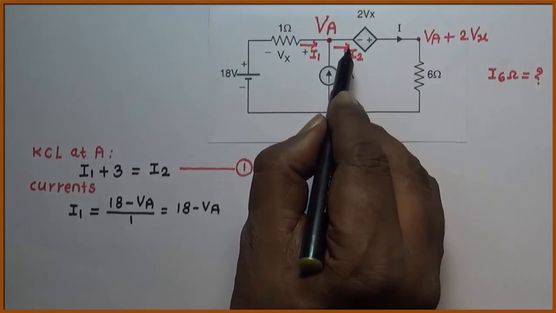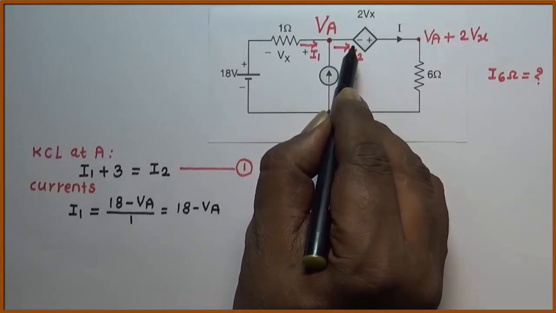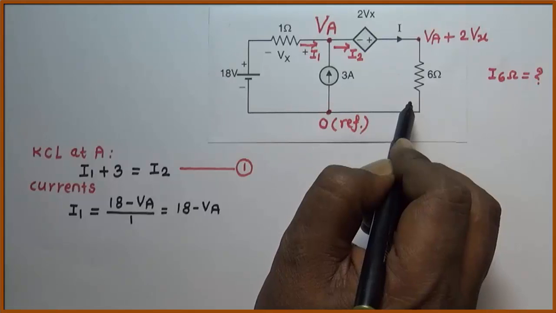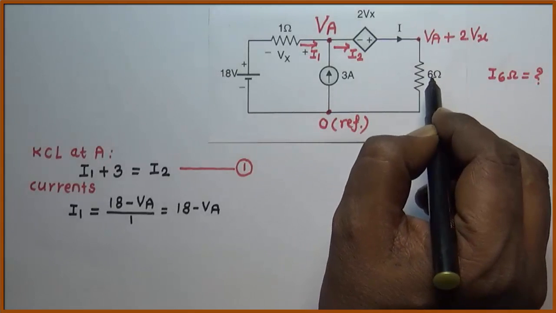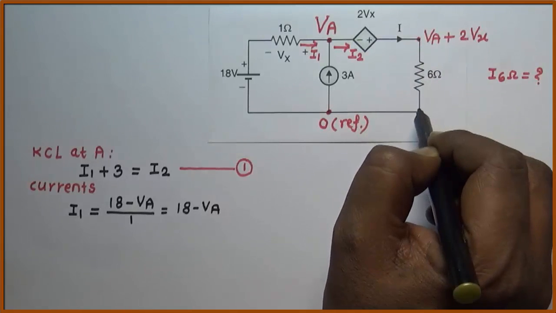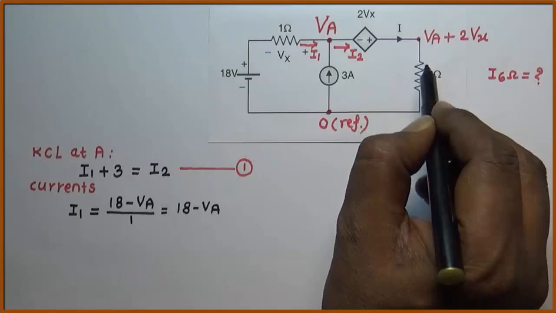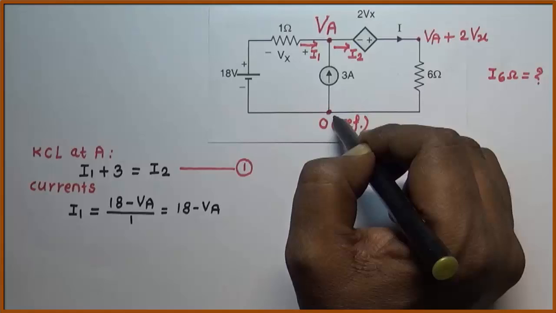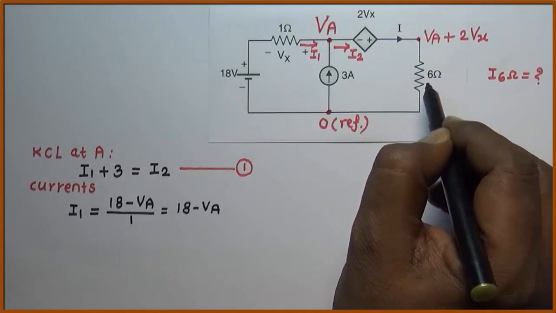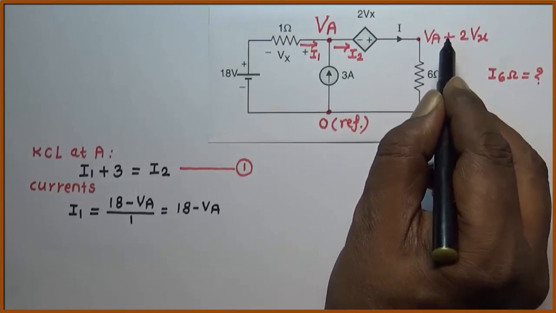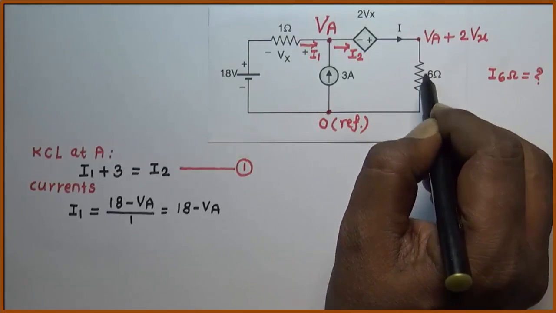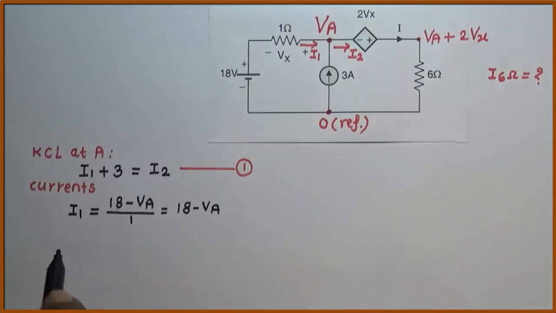Now see the current I2. I2 is the current flowing to the 6 ohm resistor. The current in the 6 ohm can be obtained from the potential difference across it. This terminal of the 6 ohm is at VA plus 2Vx and the other terminal is connected to ground. So the potential difference across the 6 ohm is VA plus 2Vx minus 0, divided by 6, which gives the current I2.